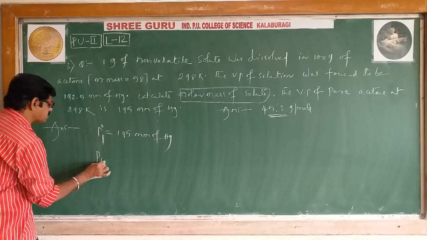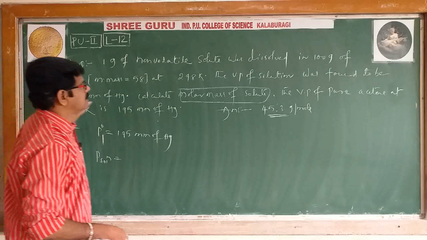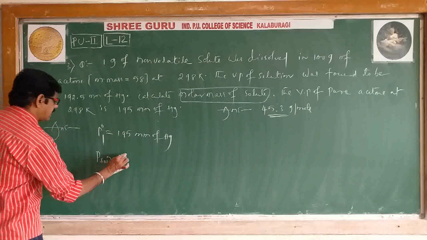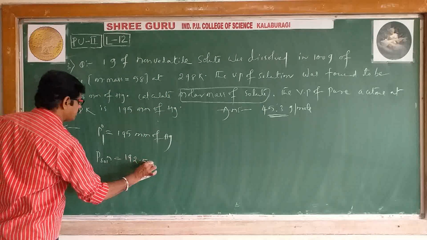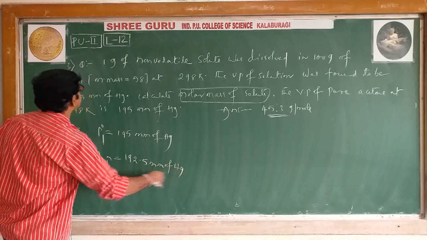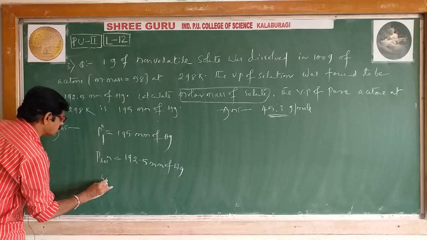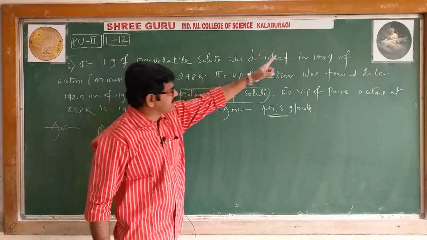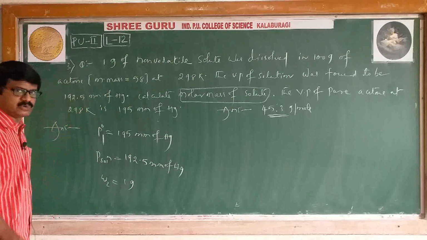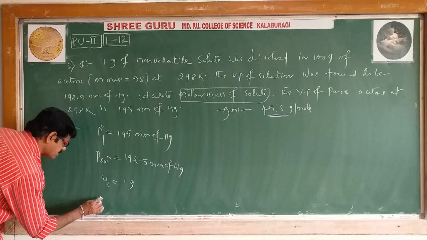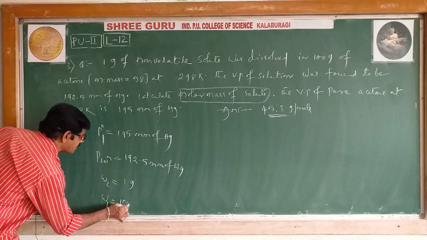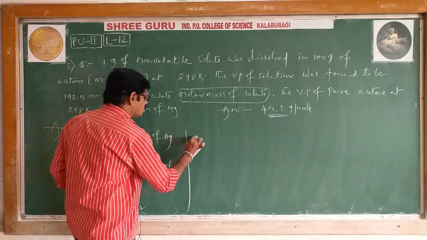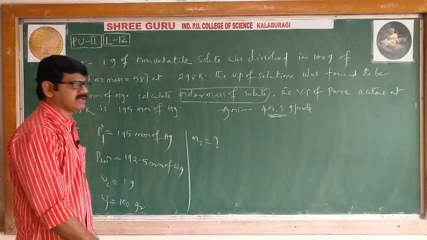Next, P solution is equal to this one, because the vapor pressure of the solution as mentioned is 192.5 millimeters of mercury. 1 gram of non-volatile solute is W2. 1 gram of non-volatile solute was dissolved in 100 grams of acetone. Acetone is the solvent, that is nothing but W1 is 100 grams. Next, W2 is there. M2 is the question mark. That only we are calculating.